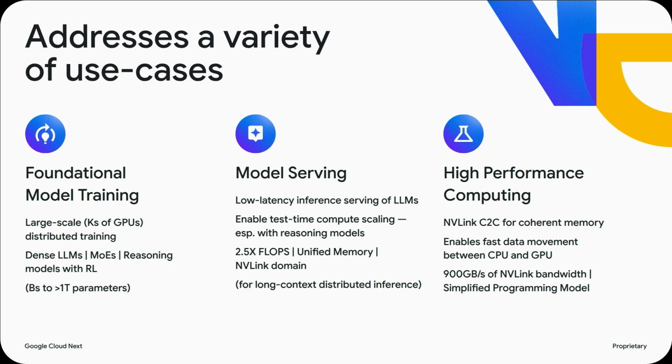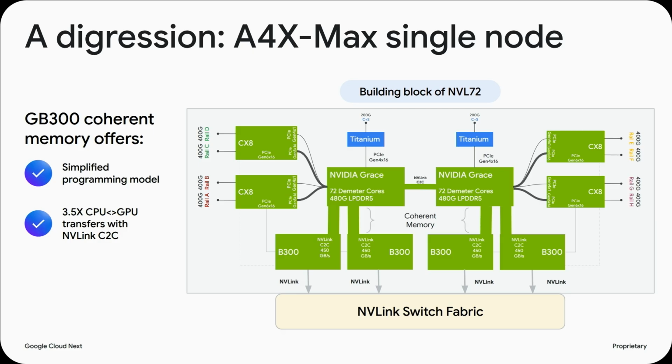So let's take a small digression into a deep dive into what a single node looks like. Each of these compute servers, these 18 servers in the rack, this is what the diagram looks like. It has 2 Grace CPUs connected with 4 B300s and the CX8 NICs for scale out. The 2 things I want to call out in this slide: the B300 is connected to the Grace CPU using NVLink, and this forms a coherent memory fabric.